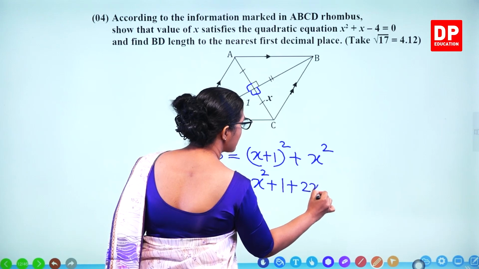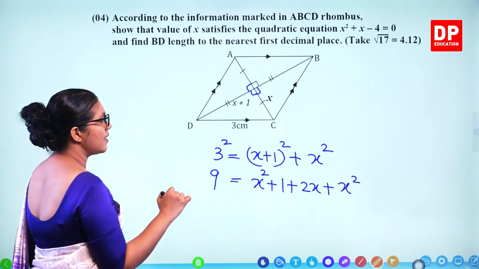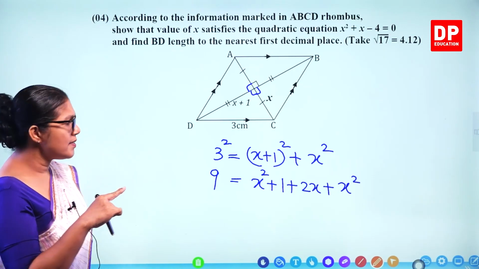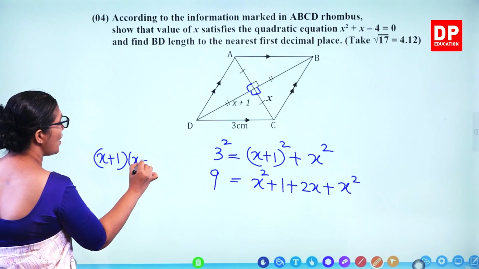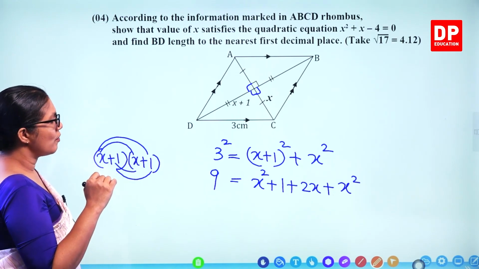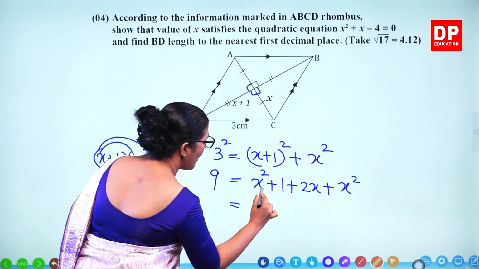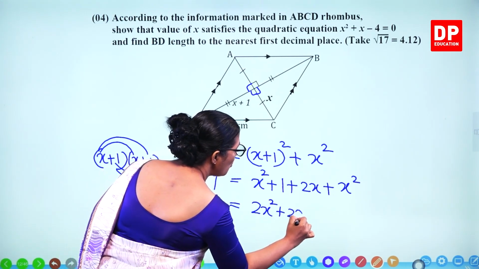So, 2x plus x squared is equal to 9. If you can't multiply at once, you can do it separately. x plus 1 into x plus 1. According to the rainbow method, you can multiply and write down the value. So, x squared and x squared, 2x squared plus 2x.